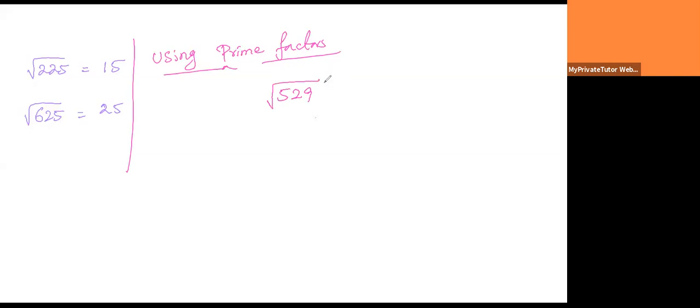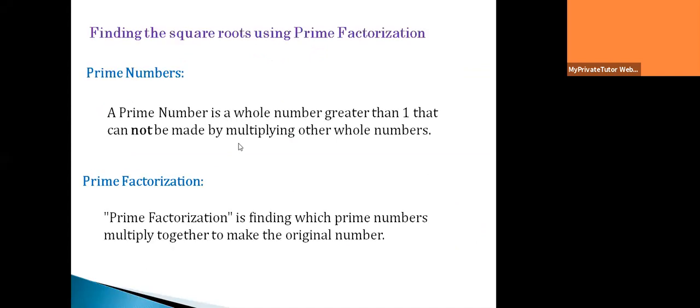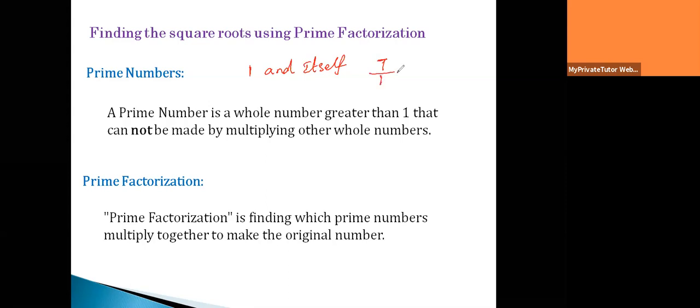Before that, let me quickly explain what exactly prime numbers or prime factors are. Maybe you know that already. So what do we mean by a prime number? A prime number is a number which is divisible by 1 and itself. If you take 7 as an example, 7 is divisible by 1 and by 7.